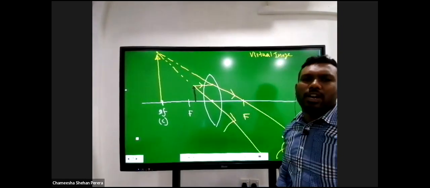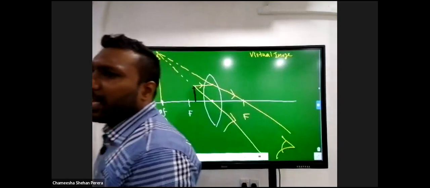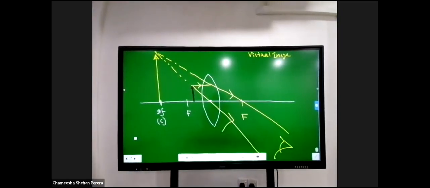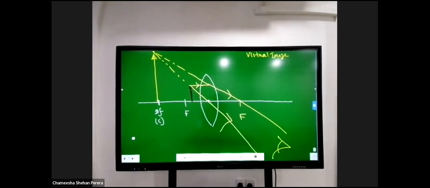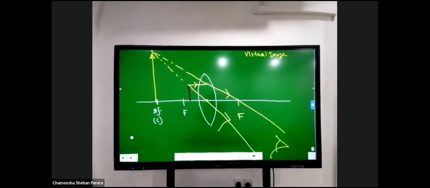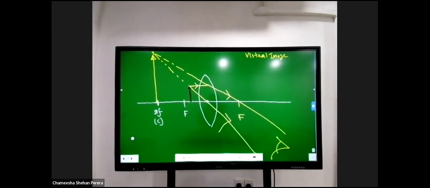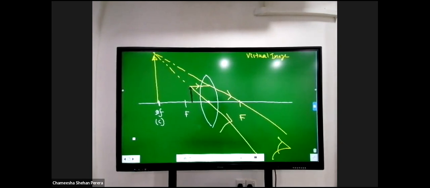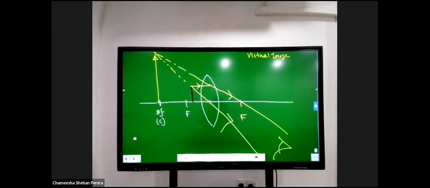So second thing, when we are describing the features of the images, what is the second thing that we do? Quickly, can you tell me? We say the virtual or reality of the image, and the next one is the size. What is the second feature? Quickly go to mirrors and tell.